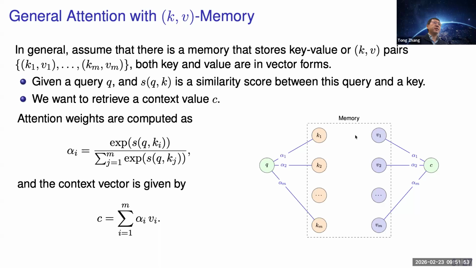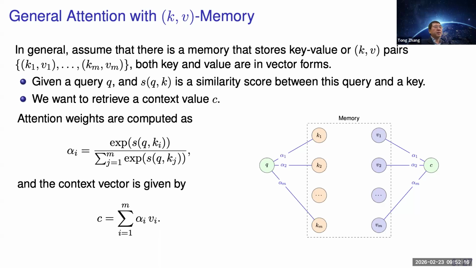So memory is always key-value. And here, instead of retrieving a single value from a single key, it's a mixed value from mixed keys, right? Basically, it's a weighted combination of your values, and the weighting is based on how close your key is to the query.